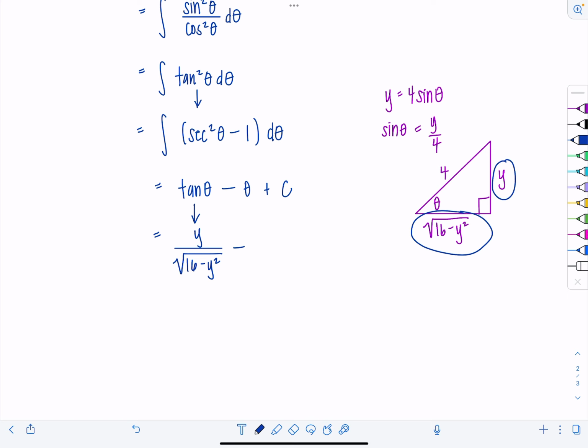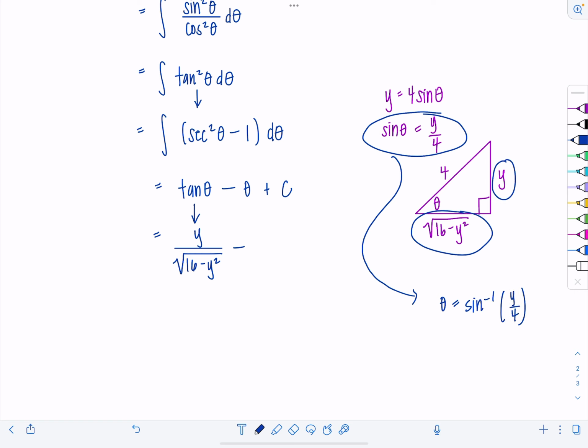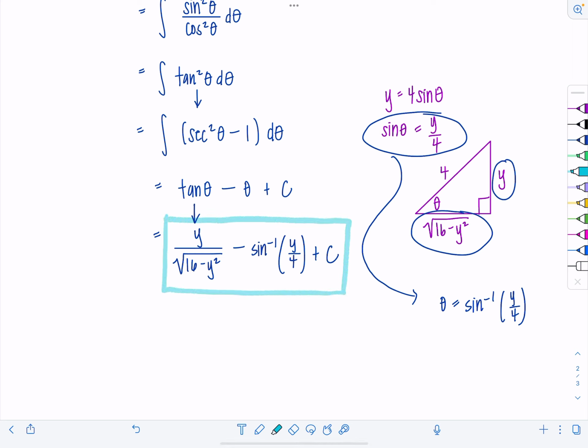It's not bad, don't worry. Remember here, sine of theta equals y over 4. That means theta, just plain old theta, is equal to sine inverse of y over 4. So that's what I'm going to write instead of theta. Substitute that in. That's sine inverse of y over 4, and then plus c. So that is our final answer.